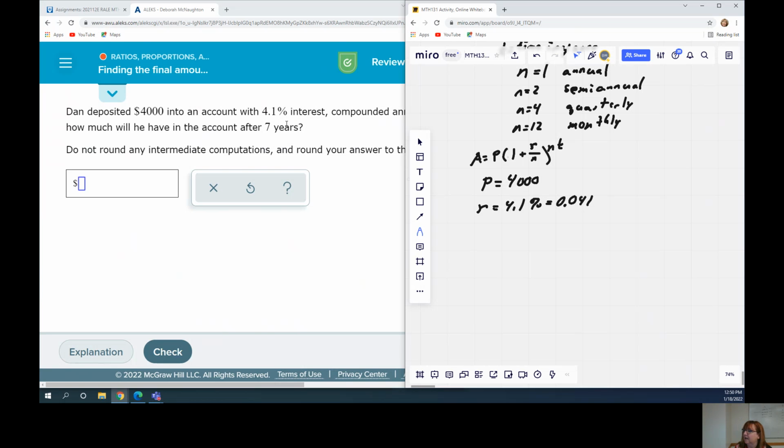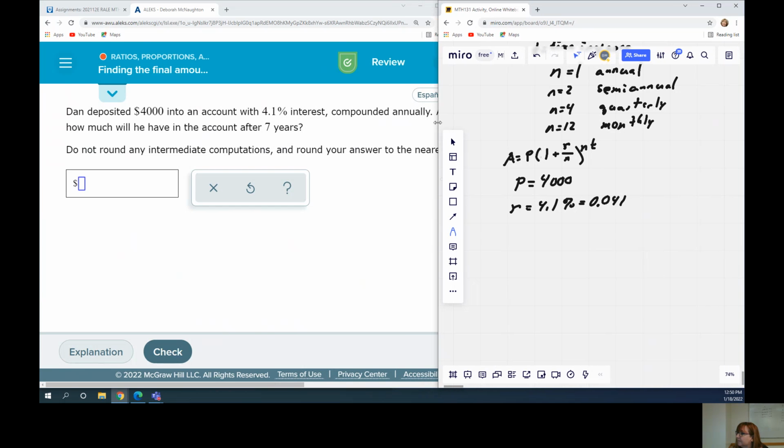And it is compounded annually. So compounded annually means N is 1. And it wants to know how much we will have after 7 years. So my time in years is 7.